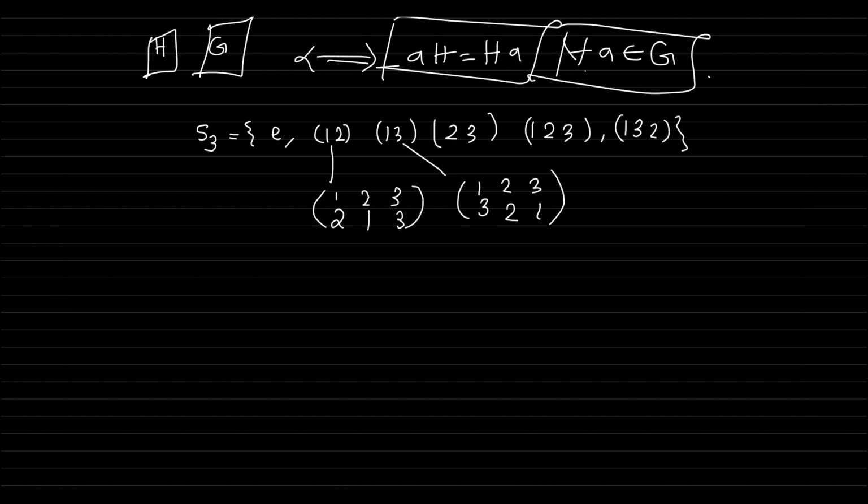In the cycle (2 3), 1 maps to 1, 2 maps to 3 and 3 maps to 2.